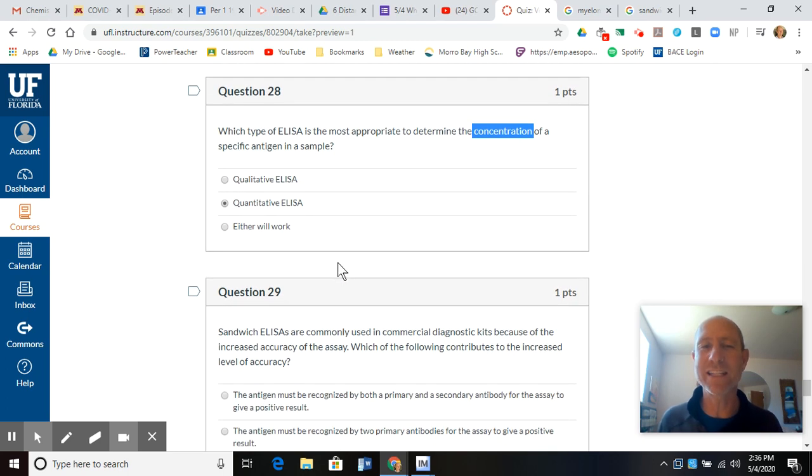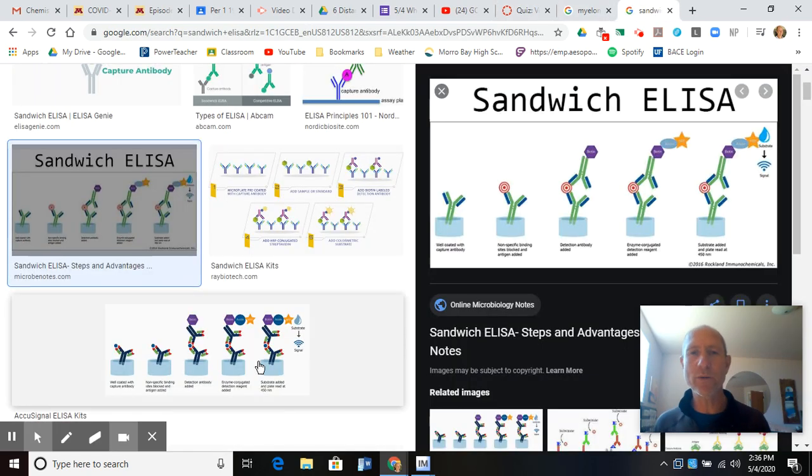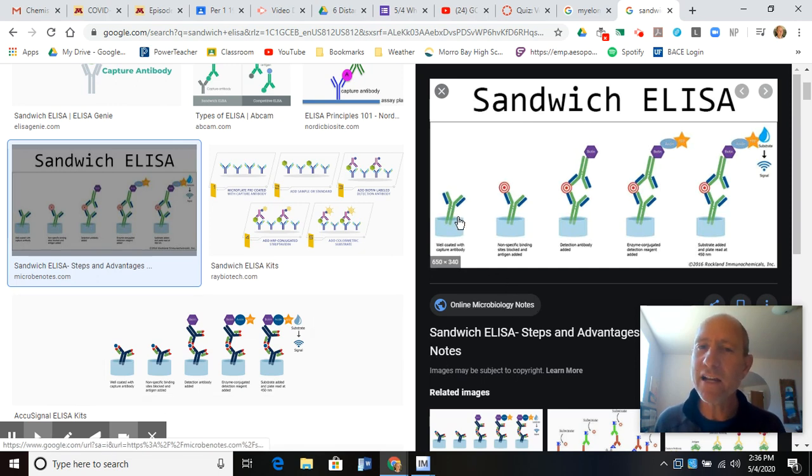Quantitative, quantity, how much. Question 29, sandwich ELISAs. Check it out. Here's how a sandwich ELISA works. You take an antibody that, remember, these plastic wells, antibodies or proteins, it's just going to stick to the plastic. Then you attach your antigen, and your antigen's only going to stick if that antibody's there. Then you add another antibody that is also designed to stick to that antigen, and it makes a sandwich. See that?